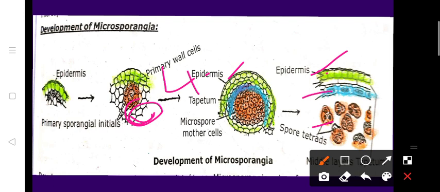Pollen grains have wing-like structures that are useful for dispersal.